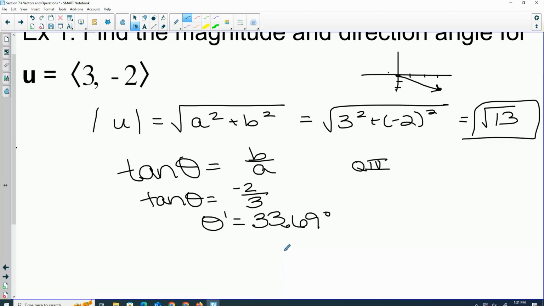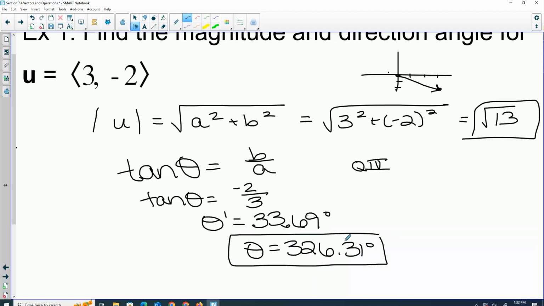And then to put it in quadrant 4, you just do 360 minus that value. So that's our direction angle. Any questions about that?